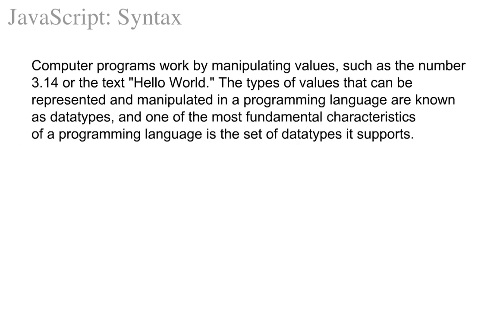Computer programs work by manipulating values, such as the number 3.4 or the text, hello world. The types of values that can be represented and manipulated in a programming language are known as data types. And one of the most fundamental characteristics of a programming language is the set of data types it supports.